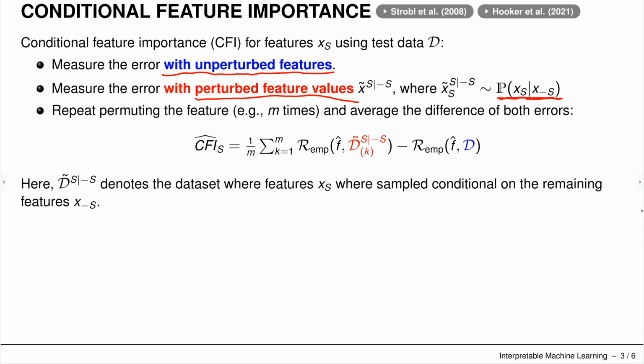So we calculate an empirical risk, so a loss here of our model using our perturbed dataset. We do the same empirical risk calculation for our model with the original dataset.